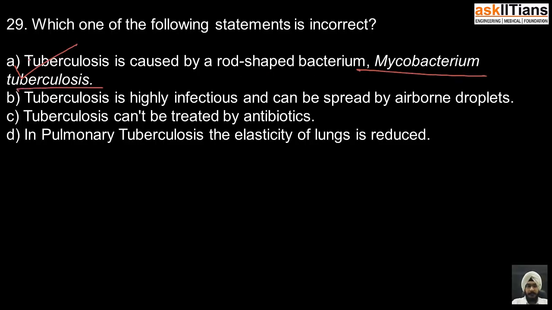Since it is true, it is not the answer in this case. The next one says tuberculosis is highly infectious and can be spread by airborne droplets, which is also correct. Hence this option is not correct because tuberculosis is a communicable disease.